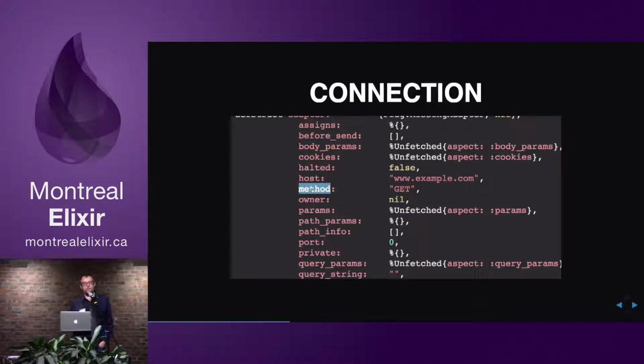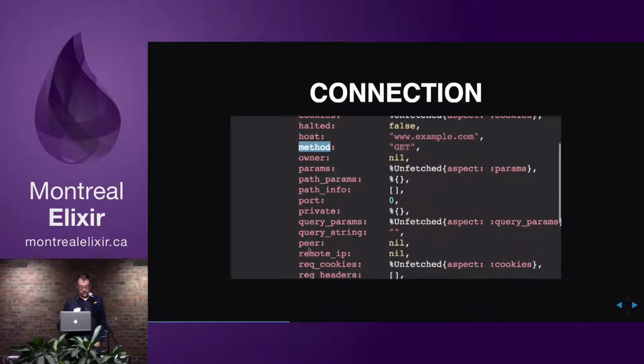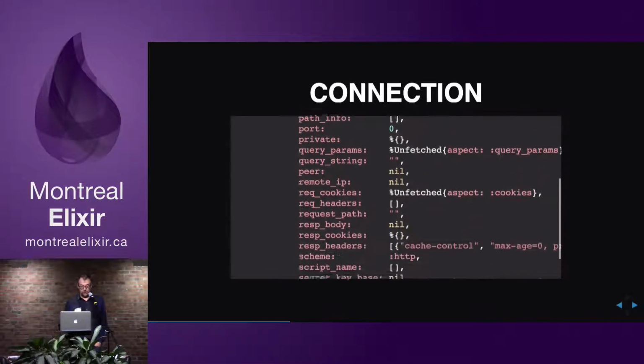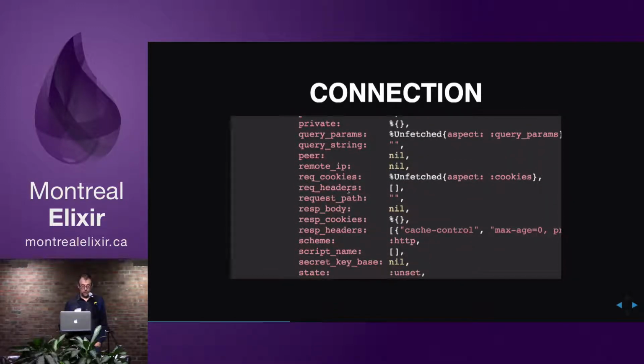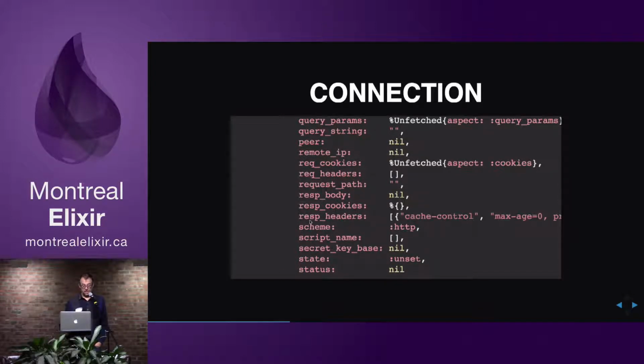It's the HTTP method that gets passed to the plug, to the web server. We have the ports, we can have query parameters, all kind of stuff like request headers. Also, we're going to have the response too, like response headers and response body and all that.